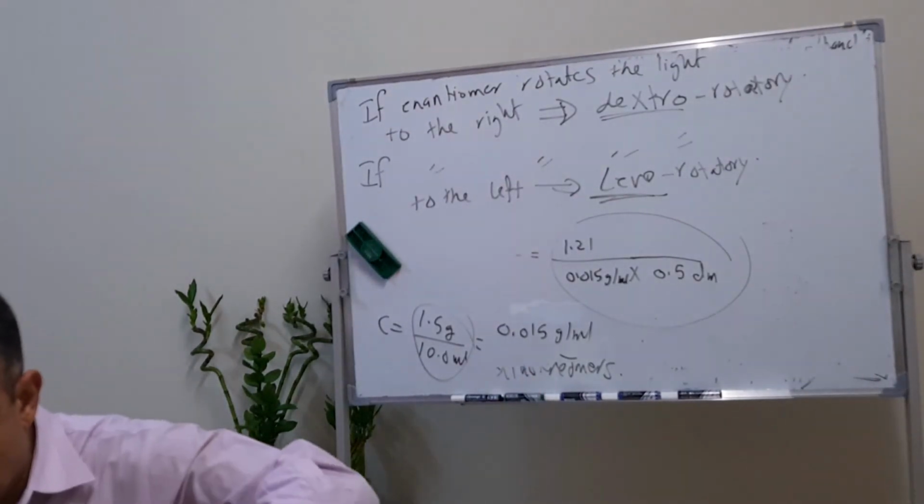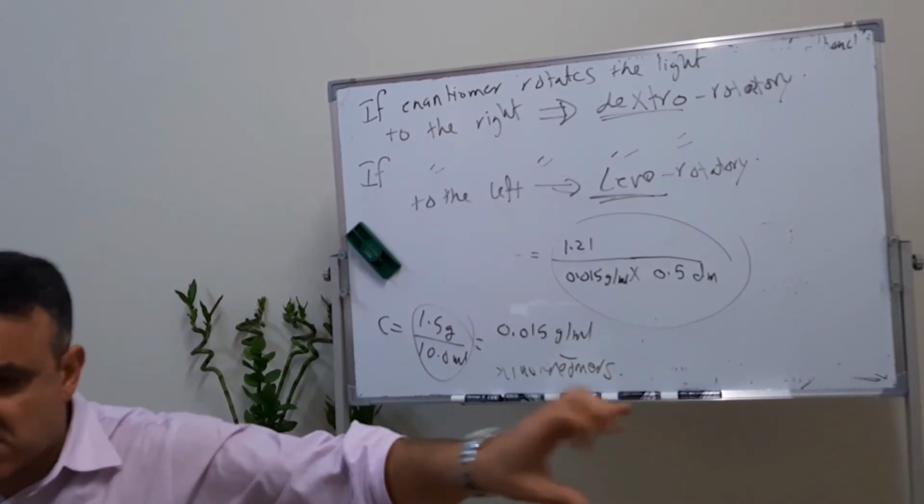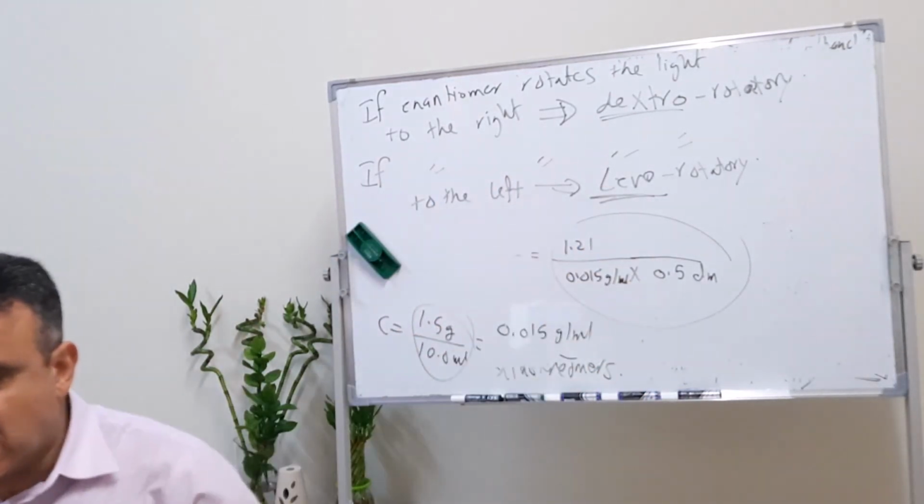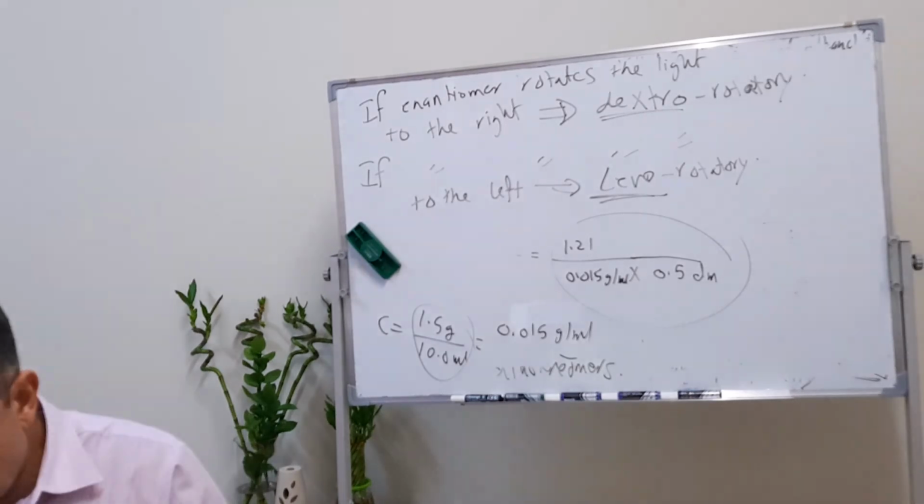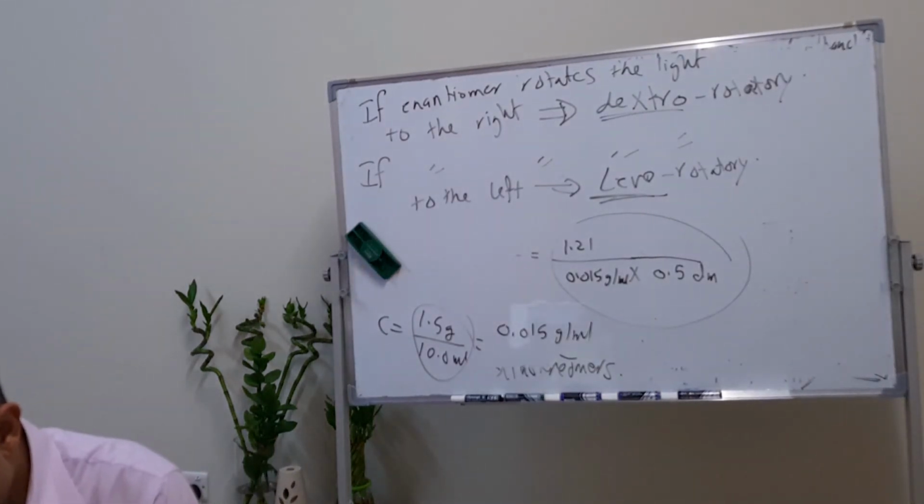Do you follow me? So plus 30 will be minus 30. Plus 500 will be minus 500. That's the whole story about the different physical properties of enantiomers.